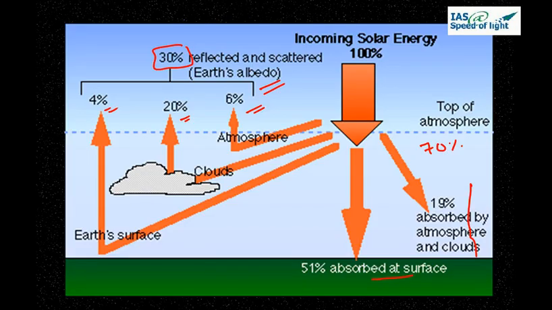So we started with the structure of atmosphere. We divide it into three different categories: the composition, the temperature, and the function. The composition, we saw the homogeneous and the heterogeneous part. Then the temperature, in this troposphere, it is decreasing with increase in height. Then tropopause, then stratosphere, where it is increasing with increase in height.